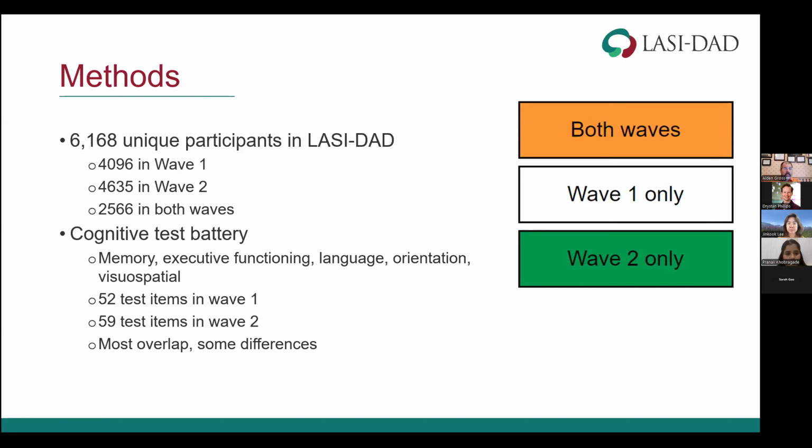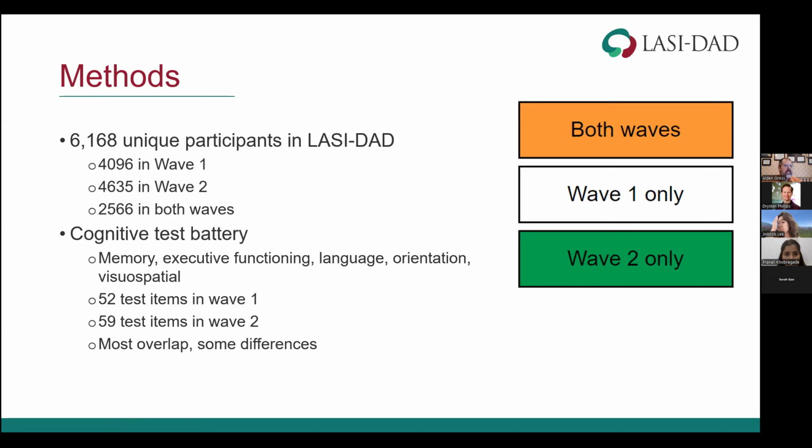There are 3 trials of that test. There's also a delayed recall. There's also a recognition portion of the CERAD. So at the end of the day, in wave 1 of LASI-DAD, there were 52 test items, and in wave 2, there were 59 test items. Most of the items overlap, and there were some differences, as Pranali also described.